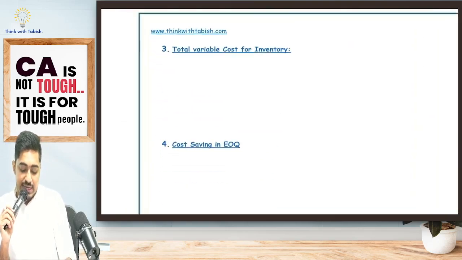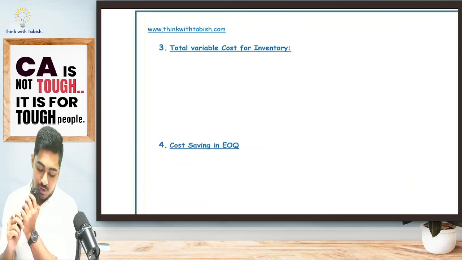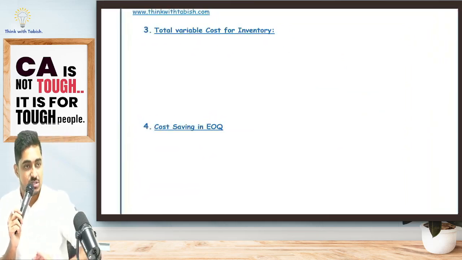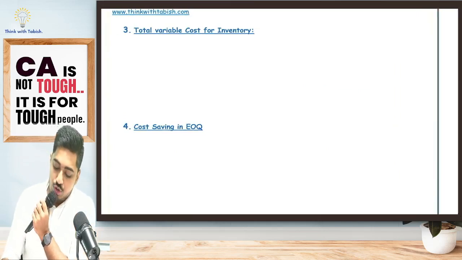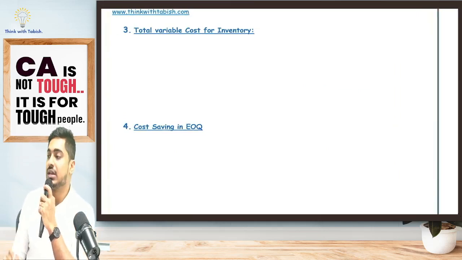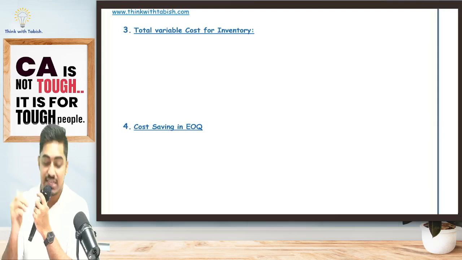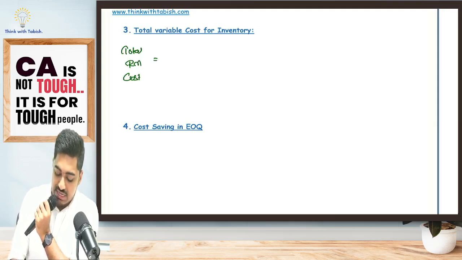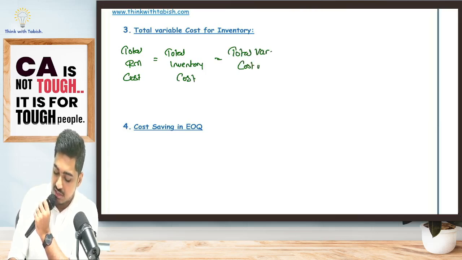Perfect. Next, total variable cost for inventory. We'll do 2 more points, then we'll slowly start solving some example questions. Now, what all can ICA ask? ICA can ask anything. ICA may tell you total raw material cost, or total inventory cost, or total variable cost of raw material.